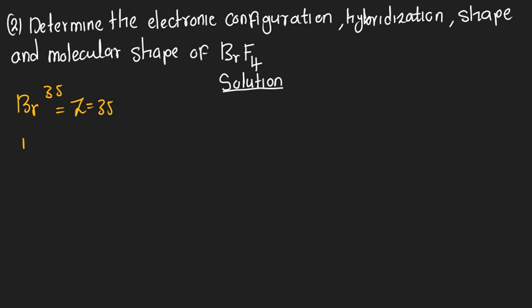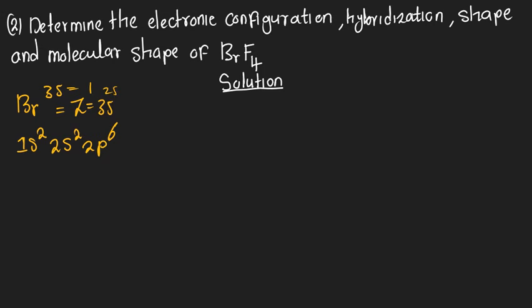It's going to be 1s holding 2, then 2s holding 2, then 2p holding 6. So all these together is 10. Up to this point we have removed 10. So we say 35 minus 10, so 25 remains.